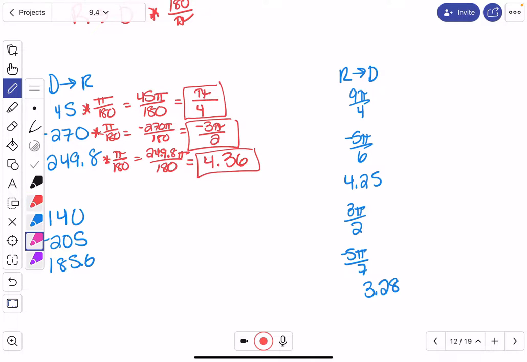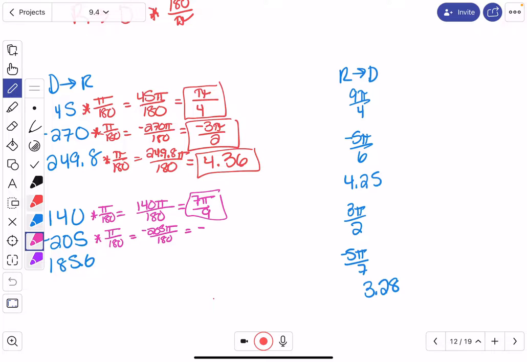All right. So 140 times pi over 180 is 140 pi over 180. And that reduces to 7 pi over 9. Now, multiply this by pi over 180. You get negative 205 pi over 180.